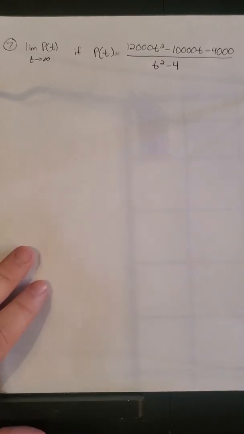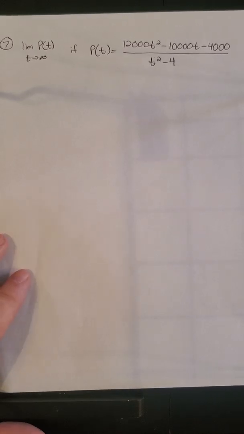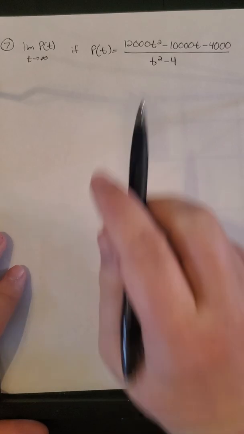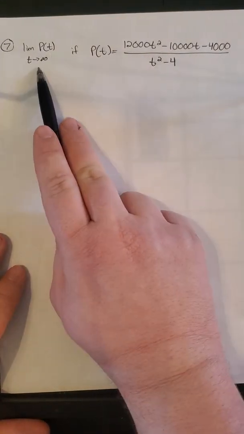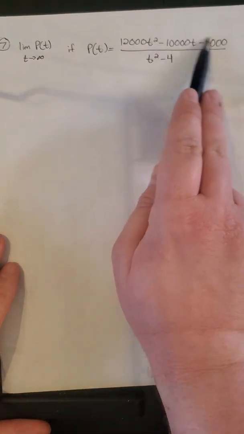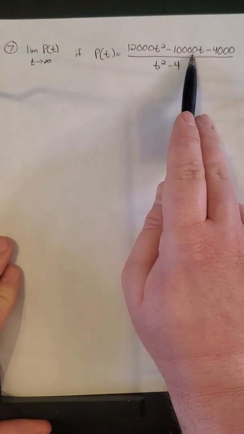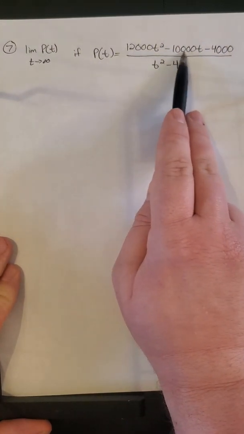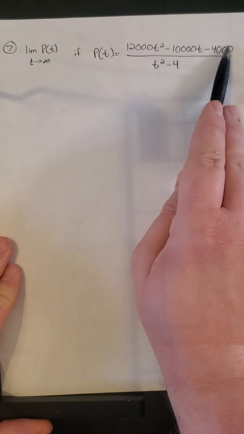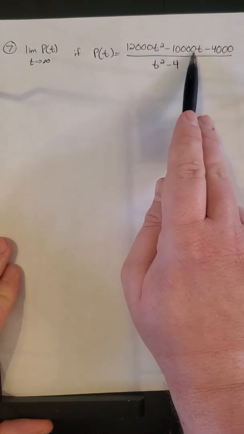So the limit of P of t as t goes to infinity. P of t is this function right here, a nice little rational function again. If I'm wanting to find this limit, and I plug infinity into this function, I'm basically going to keep getting bigger and bigger values as the numerator approaches infinity. That's a quadratic function.